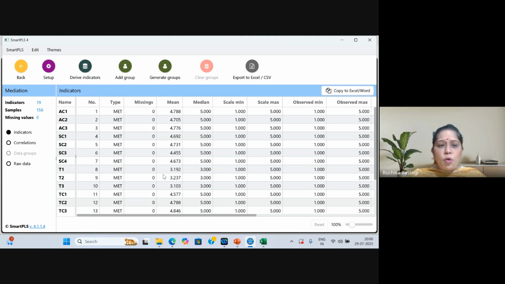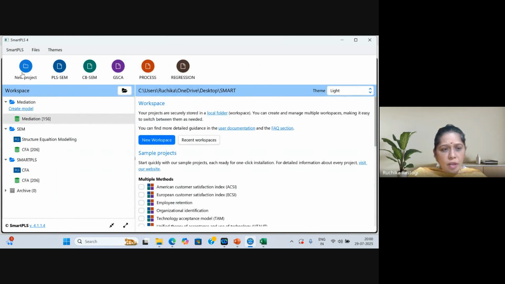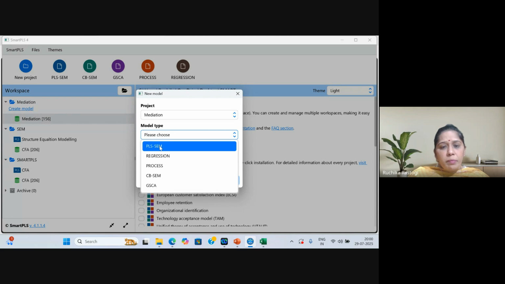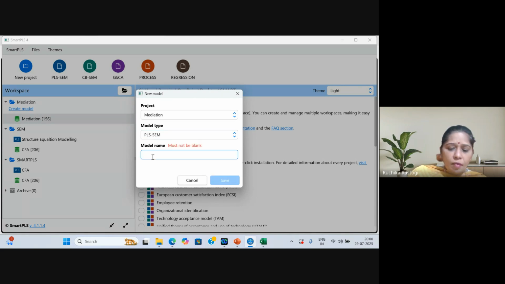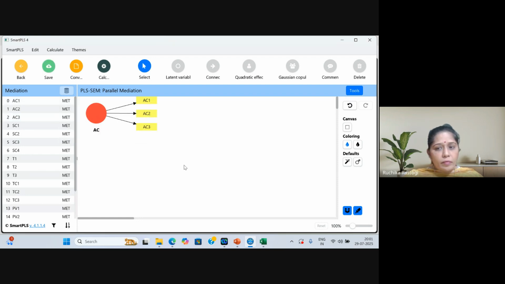Are you all able to import it? Can I go back and create the model now? Okay, now create model, PLSM. Model name is parallel mediation. Just be with me and create the model, everyone.